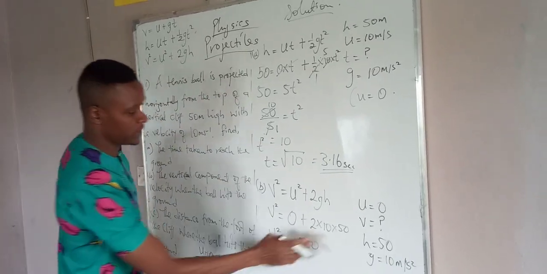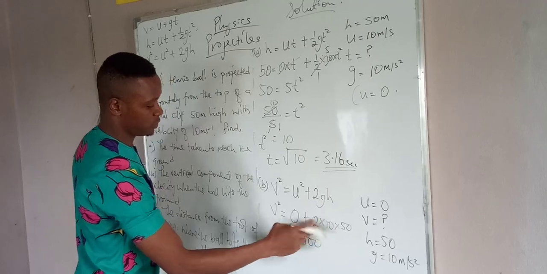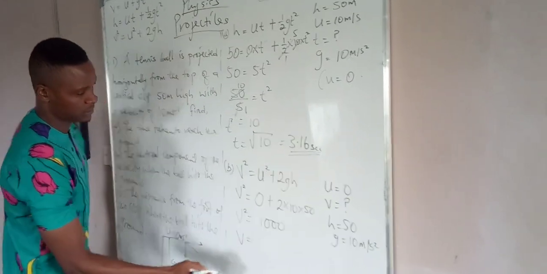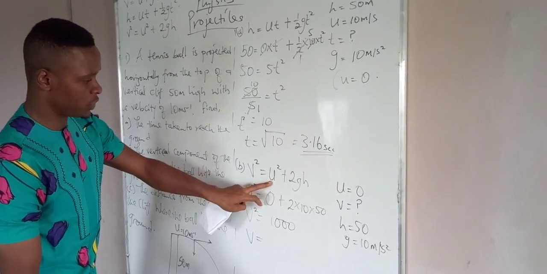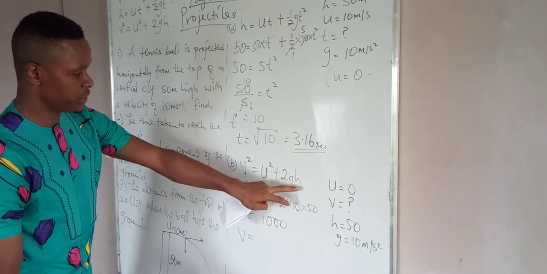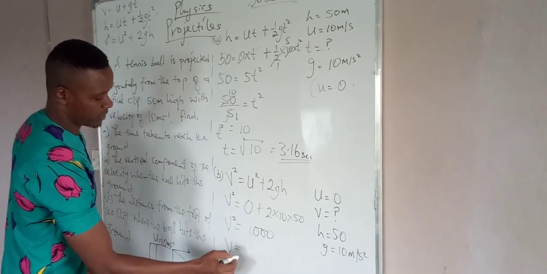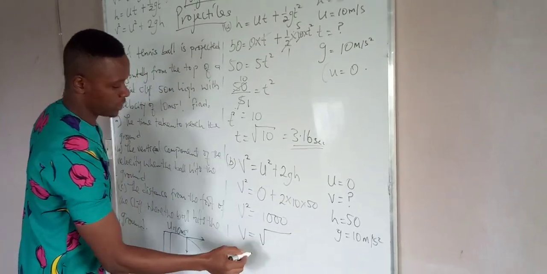Right? Okay, this is 500 times 2, 1,000. So our V now is, right? This is U plus 2GH.